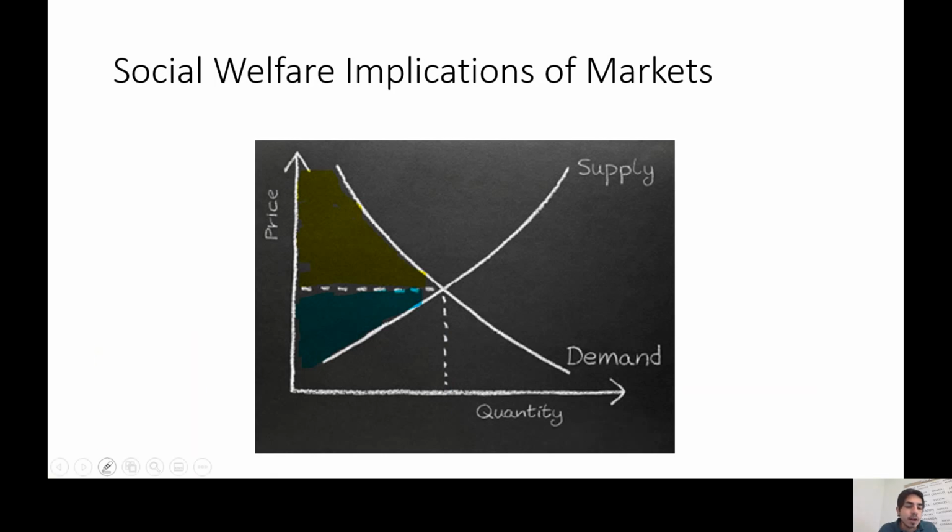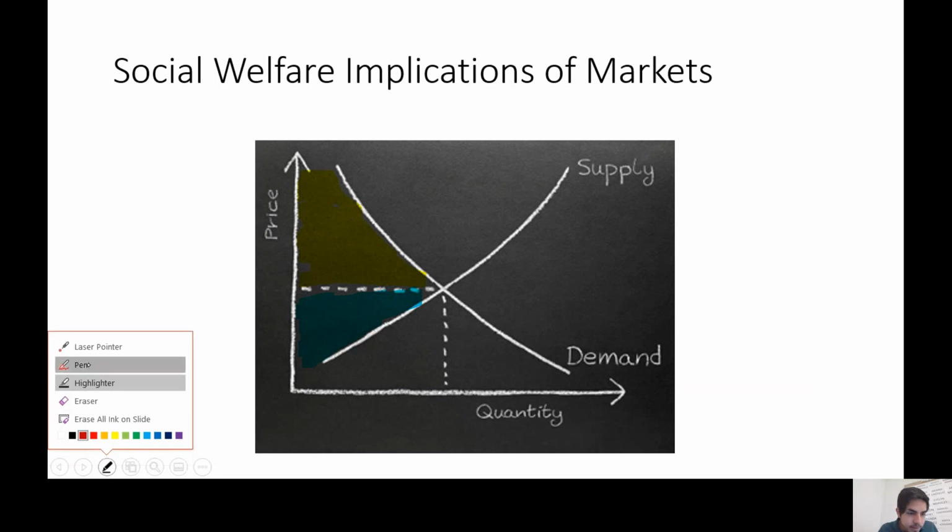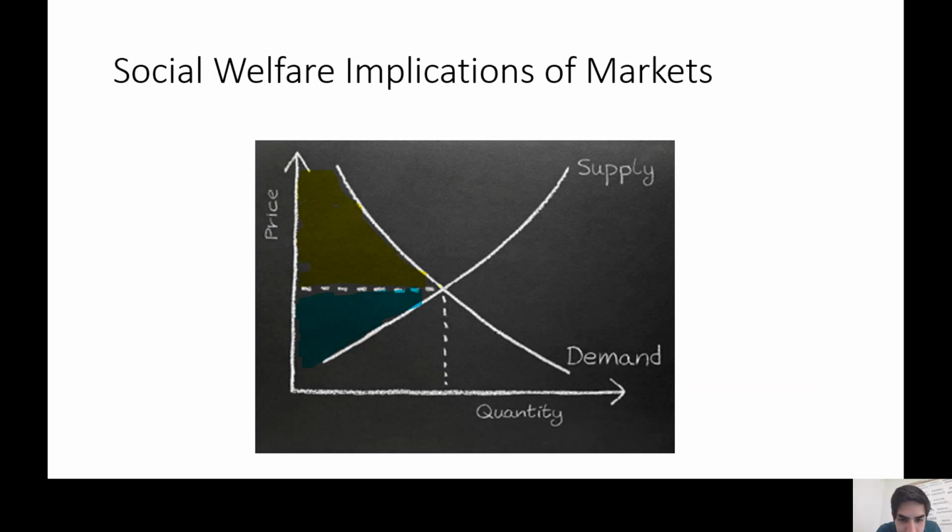We also said we should expect leaving the market to its own devices to arrive at allocative efficiency. And what I mean by allocative efficiency is a situation where everybody that values this good or service, whatever it may be, at this particular price and higher is going to acquire it, right?